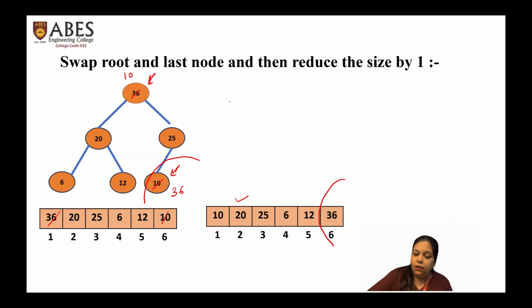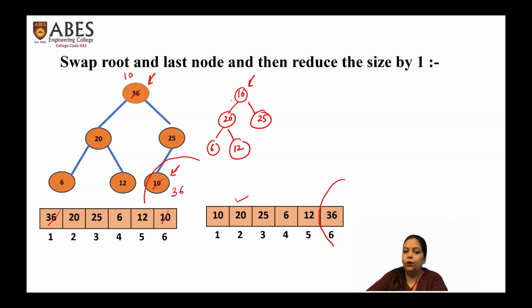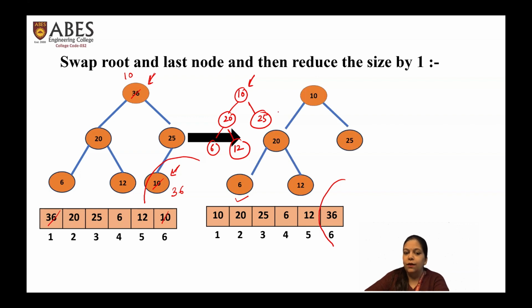Now again, the situation of the tree is 10, 20, 6, 12 and 25. Now again what we have to do is we have to heapify it only at the root node, right? We have to heapify this tree only at the root node.